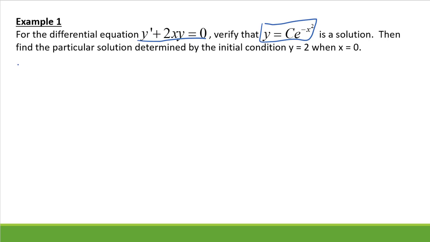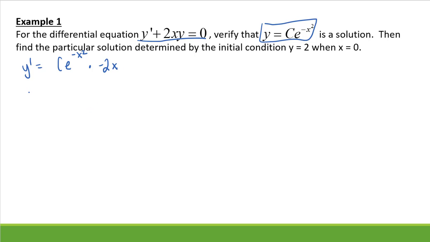So y prime is equal to c e to the negative x squared, and then I take the derivative of the exponent, negative 2x. And I plug into this differential equation.